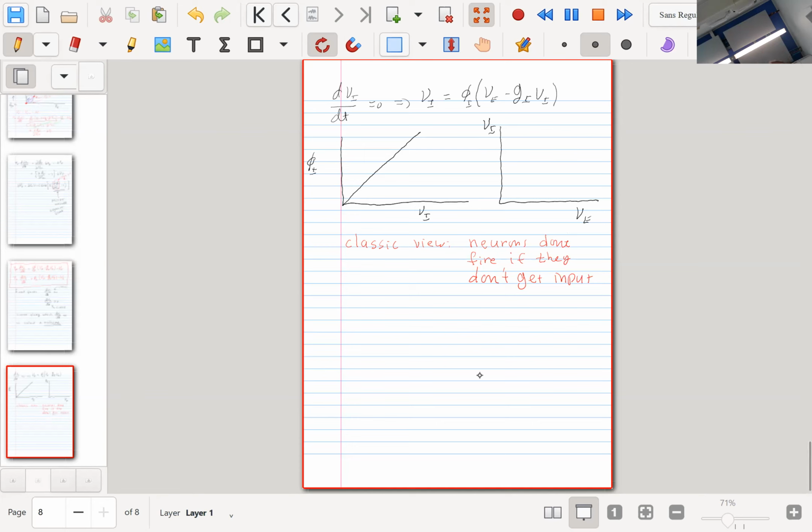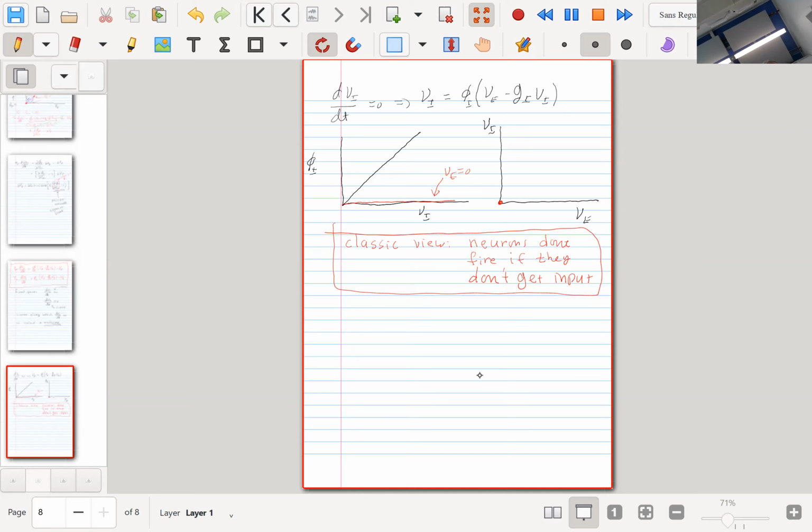Remember, this is a classic view. It's going to turn out to be wrong, but it's what people generally thought for a long time. So if ν equals 0, φ_I is basically 0. What that means is that the point ν_I equals 0, ν_E equals 0 is part of the inhibitory nullcline. So that's a point here.